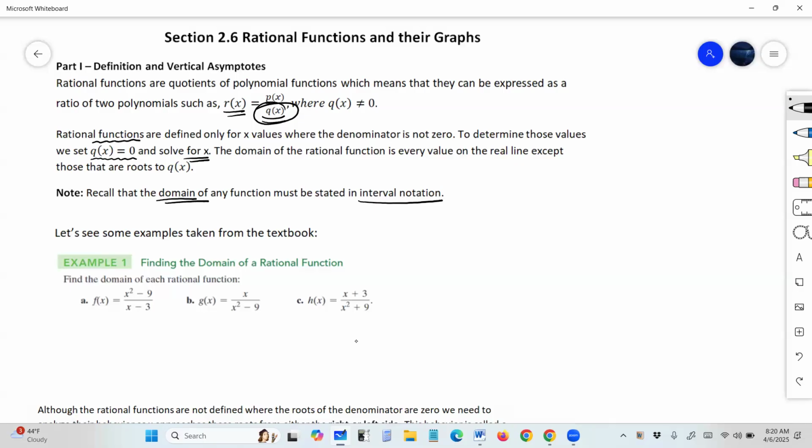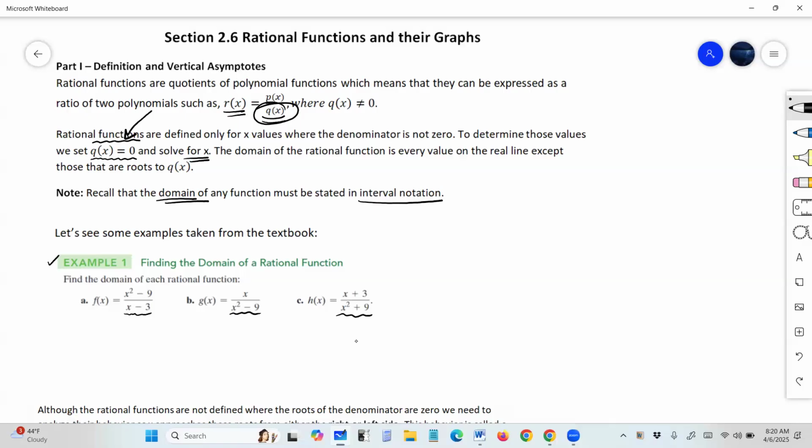Here's example one taken from the book, where you can verify the results later by setting the denominator to 0 in all cases, solving for x, finding the roots, and then writing the domain of the function.